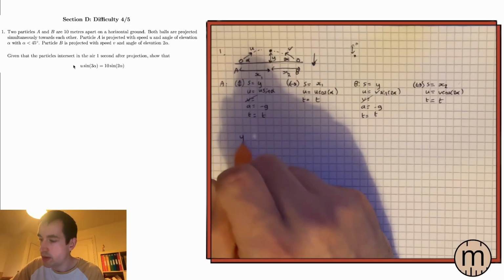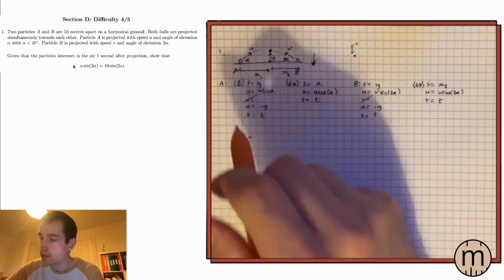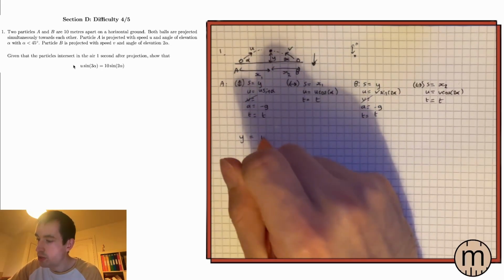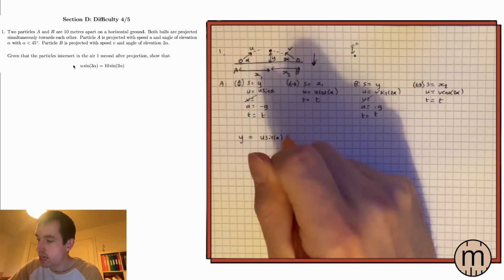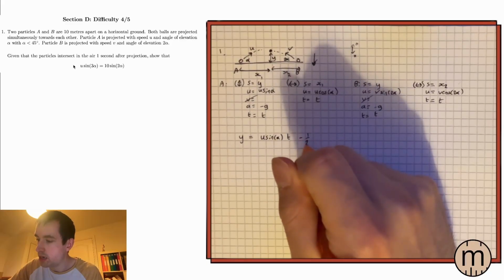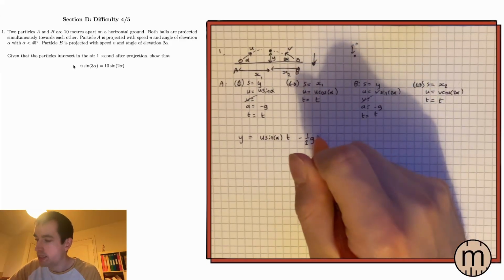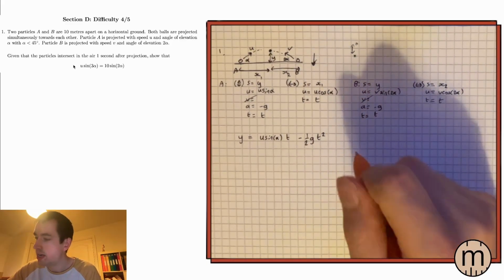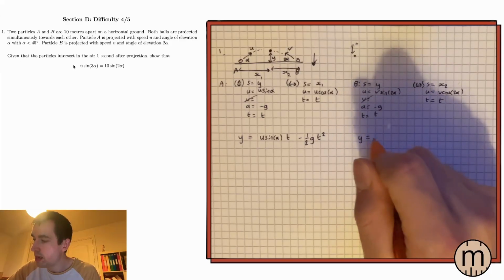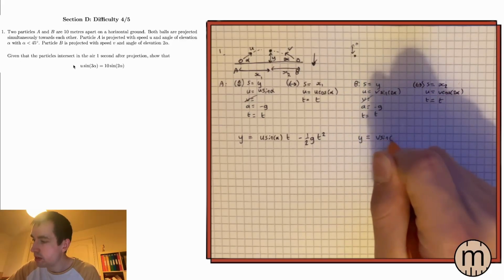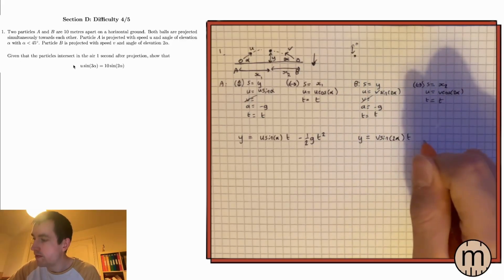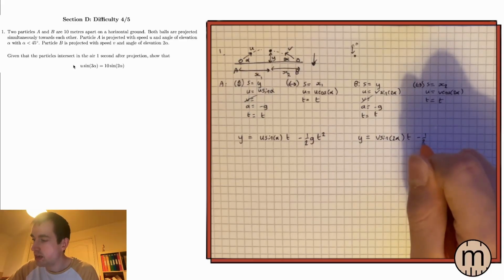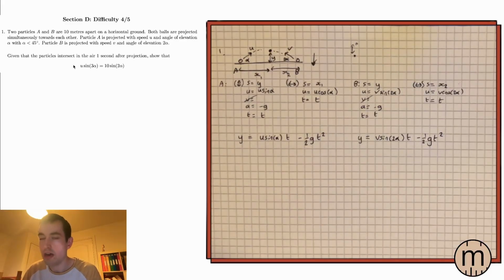And from here, we can use our good old friends, the suvat formulas, including S equals ut plus half at squared. So for particle A, we're going to have S equals ut plus half at squared. And then similarly for particle B, same equation, but now it's going to be V sine 2 alpha t, and then minus a half gt squared is going to stay the same.